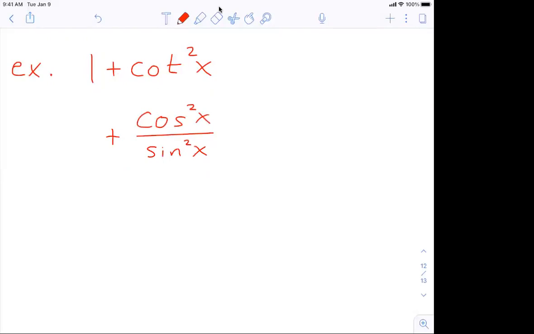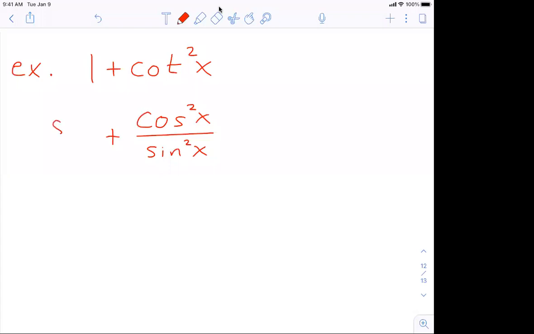And now I want to add that to 1. How could I rewrite 1 so that I could add it to this one? Sine squared x? Yes, sine squared over sine squared. I think you're a step ahead of us over here. So yeah, you're right. Very good.